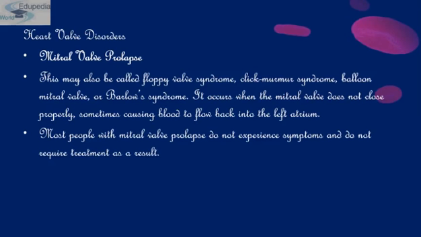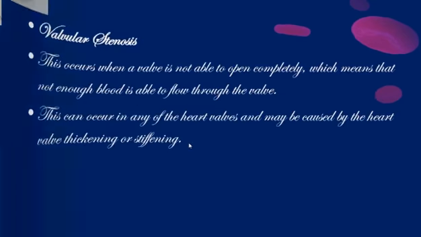This may also be called floppy valve syndrome, click murmur syndrome, balloon mitral valve, or Barlow's syndrome. It occurs when the mitral valve does not close properly, and sometimes it causes blood to flow back into the left auricle. Most people with mitral valve prolapse do not experience symptoms and do not require treatment as a result.